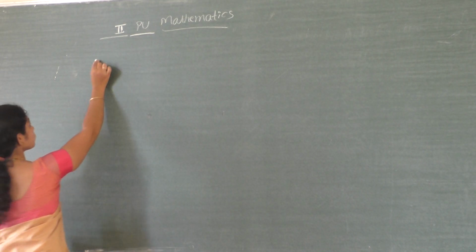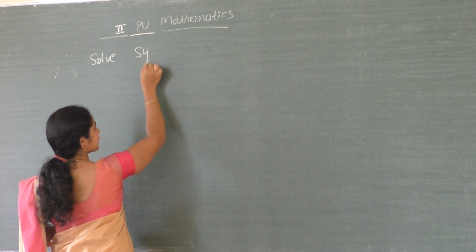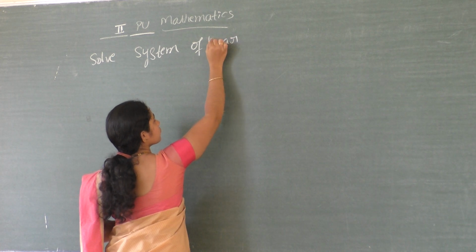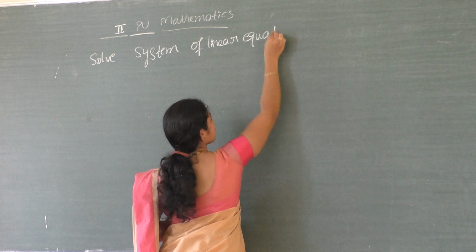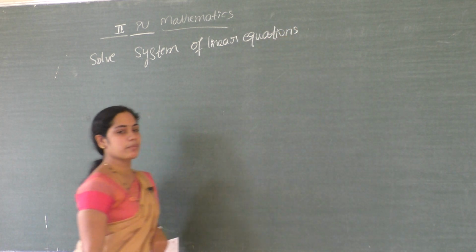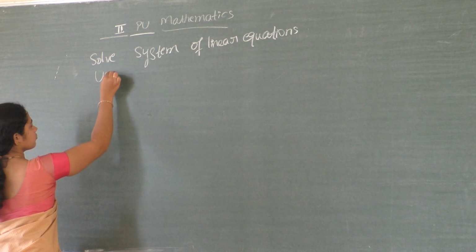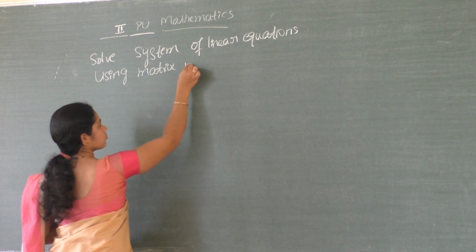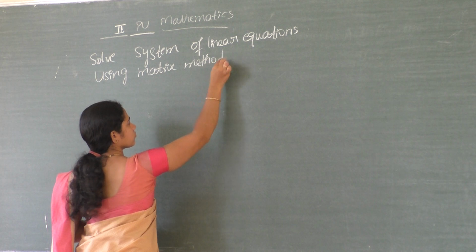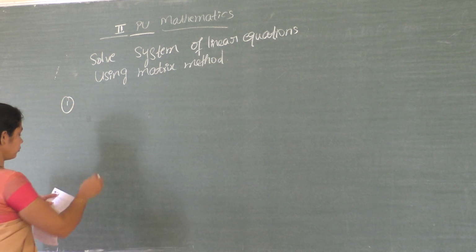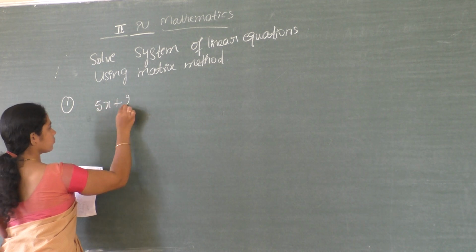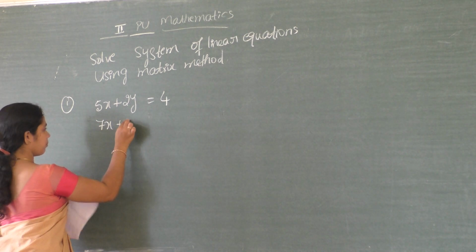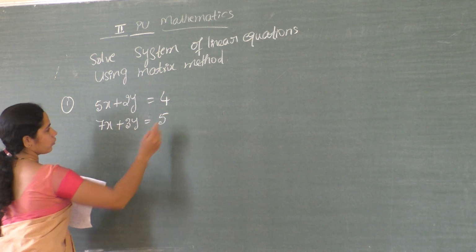First problem, solve system of linear equations using matrix method. x plus 2y equal to 4, 7x plus 3y equal to 5.